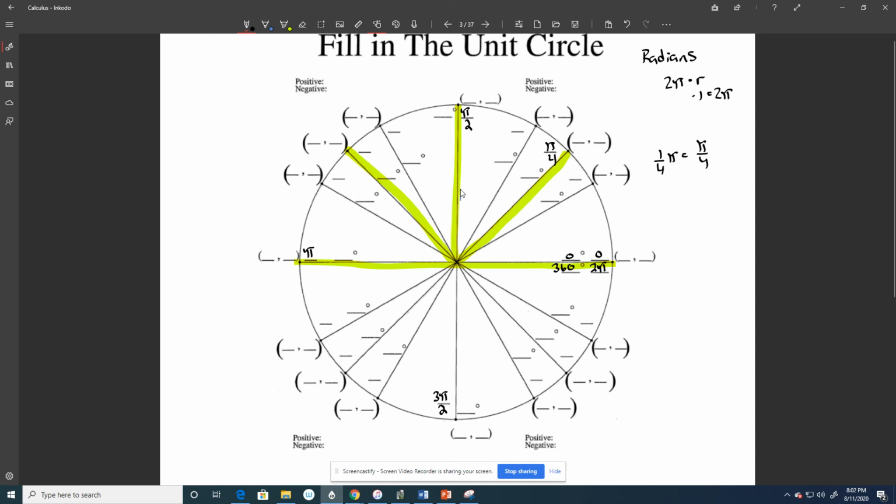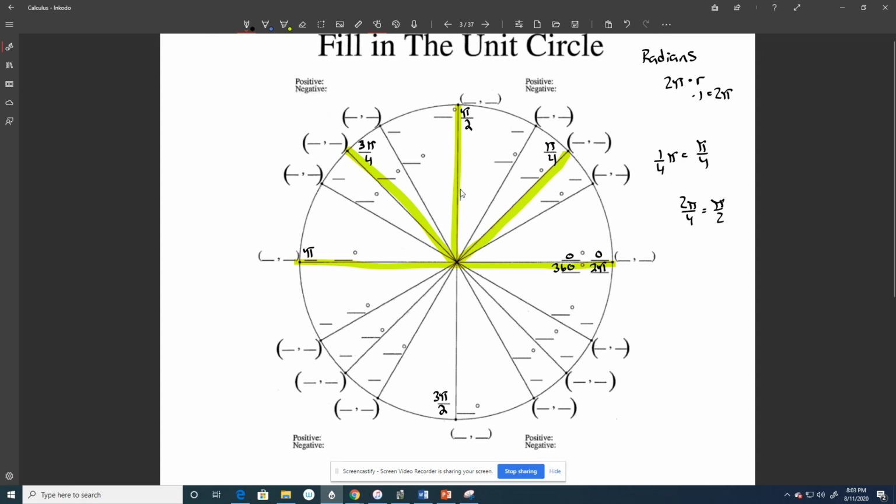Now, if I go another fourth of a slice to here, I end up at pi halves, which makes sense because 2 pi fourths simplifies to pi over 2. So if I go another fourth, now I'm at 3 pi fourths. And if I go another fourth, I'm back to pi. All right. Now from there, I can keep going around the circle.